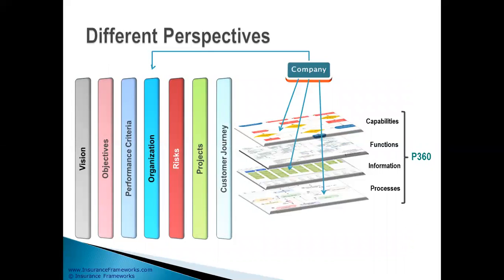And if you have all of these pieces, then you can map your vision, you can map your objectives, you can map your performance criteria, your organizational structure, your risks, your compliance requirements, your projects, your customer journey, and I'm just naming a few here.